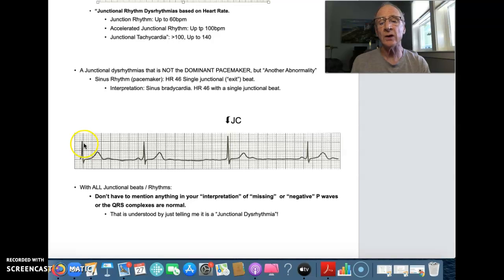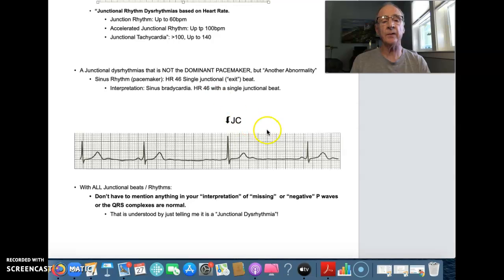In other words, calculate your heart rate by using this beat and this beat, as opposed to using this sinus beat and this junctional beat. So use the two beats that are produced by the SA node. When you count the small boxes and divide into 1500, you'll get a heart rate of 46. So you've got 2 out of 3 so far.